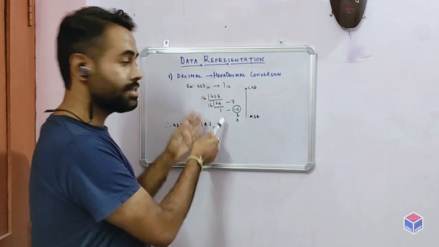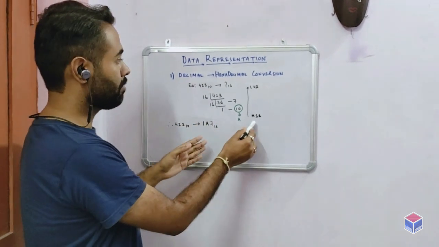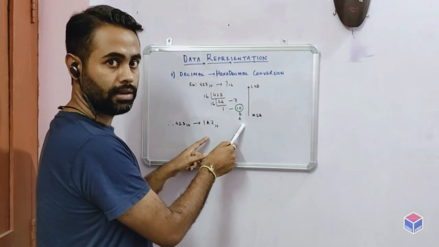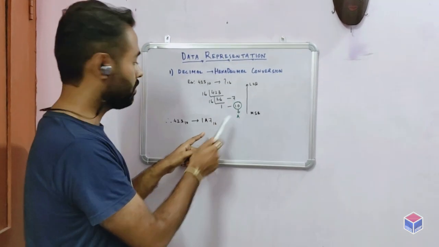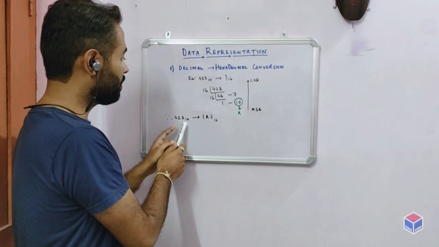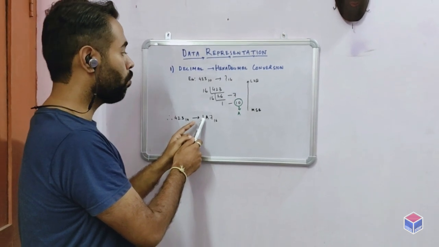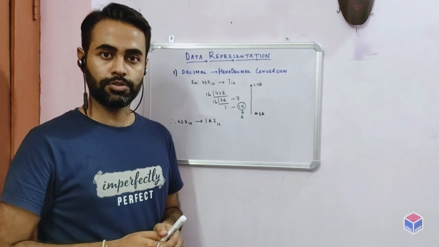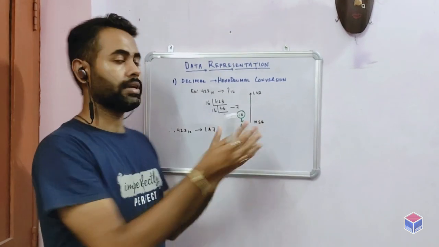Now we collect from the most significant bit to the least significant bit, and we convert 10 to A because 10 was the remainder in one of the steps. So 423 base 10 gets converted to 1A7 base 16. This is how a decimal conversion to hexadecimal is done.